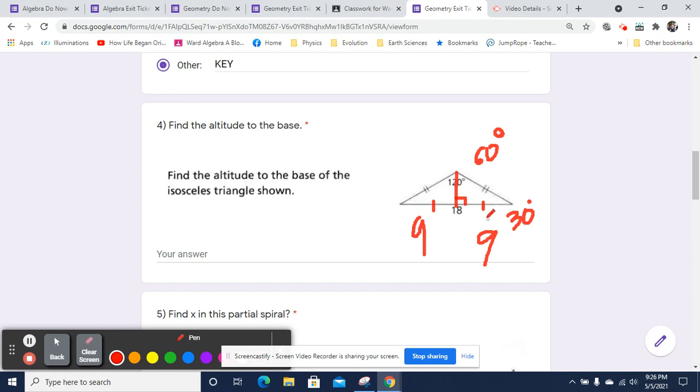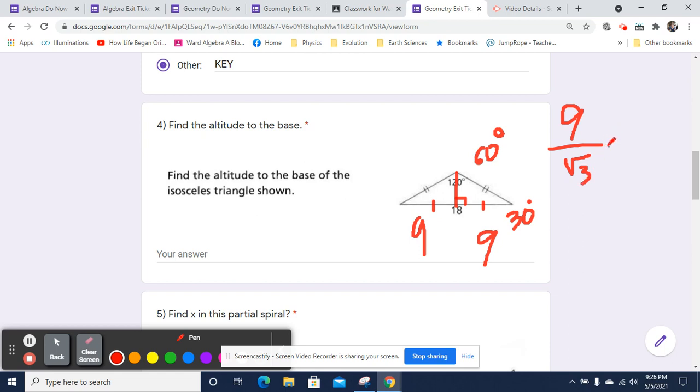The relationship, of course, is 1 to square root of 3 to 2. So this is the 1, and this is the square root of 3, which means that to get from here to the altitude, we have to divide 9 by square root of 3. So 9 divided by the square root of 3 will get us that altitude.